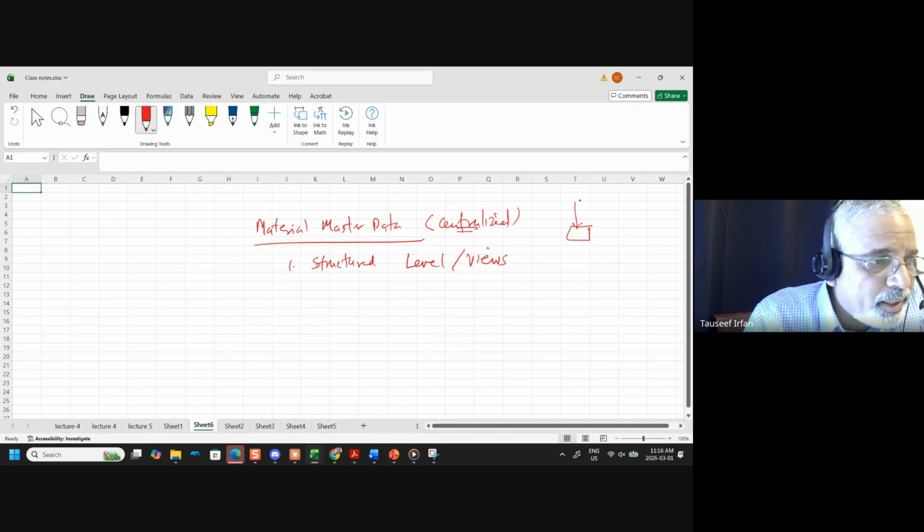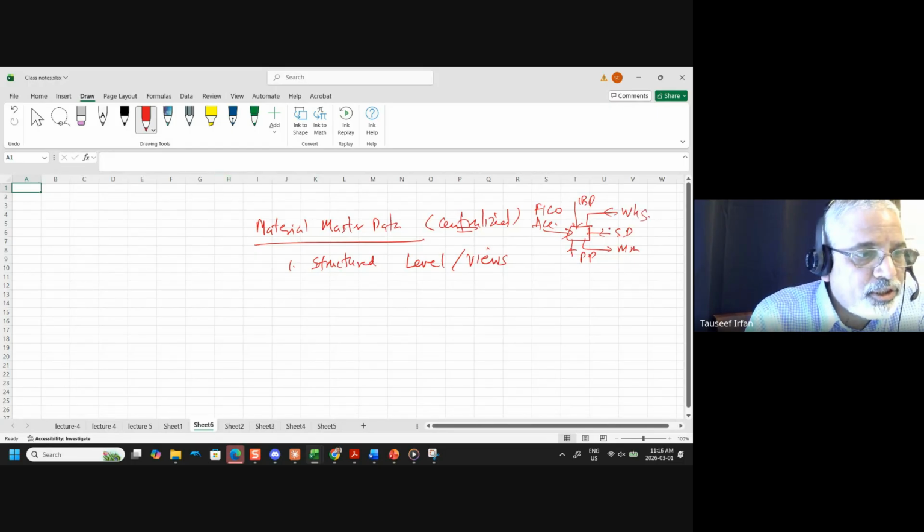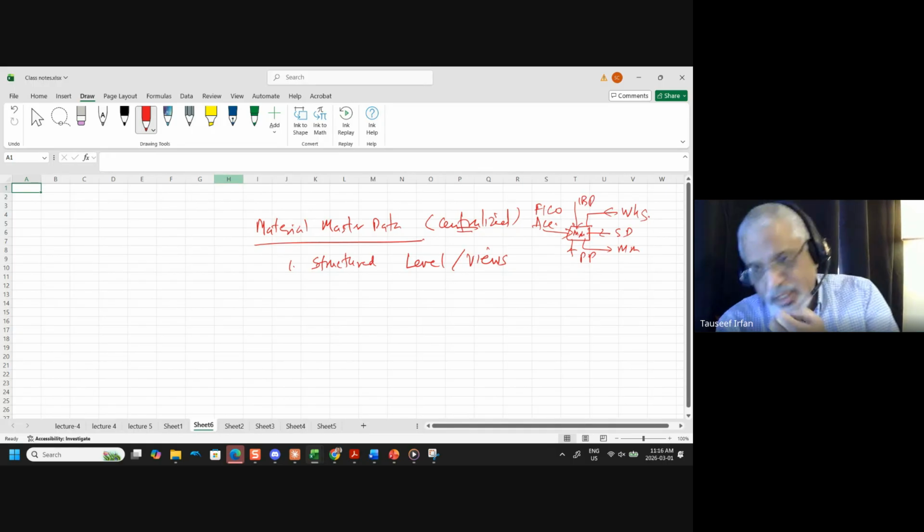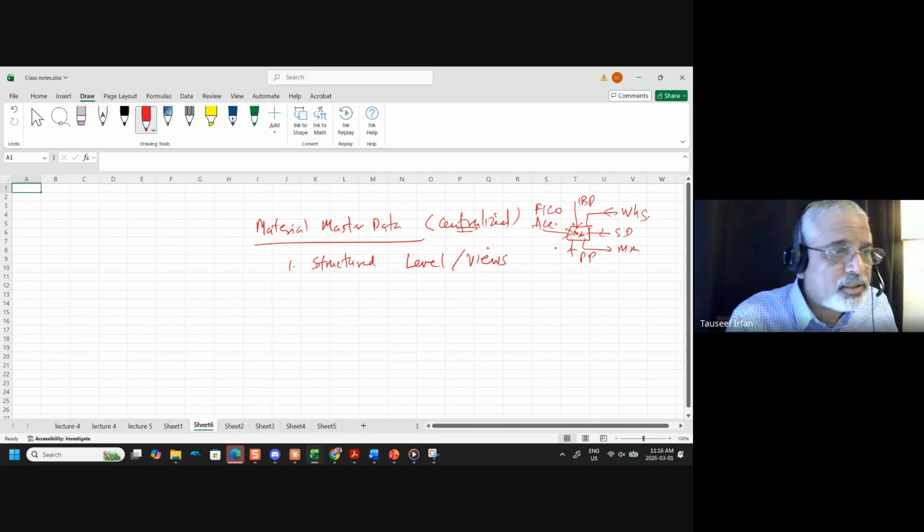It's used by the IBP people, by sales and distribution, by purchasing, by production planning, by the accounting people, the finance accounting FICO people, and by the warehouse people. So many stakeholders for this material master, and I'll show you that. That's why it is centralized. Everybody goes through and uses it. There's no second thing.